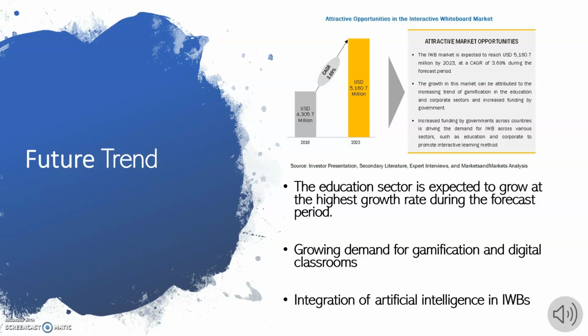An AI-based smartboard could help take down notes during a lecture, translate the lecture into another language, and enable remote users to attend the meeting or lecture. Due to this, various companies are focusing on integrating AI into interactive whiteboards. This is a new technology that's being tested and hopefully will be implemented very soon into this technology.